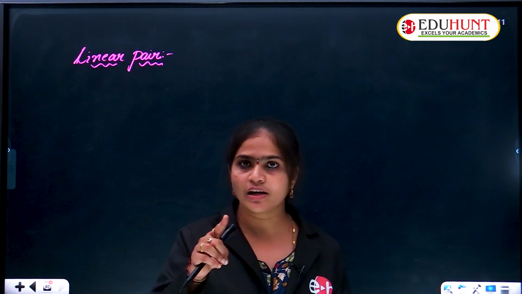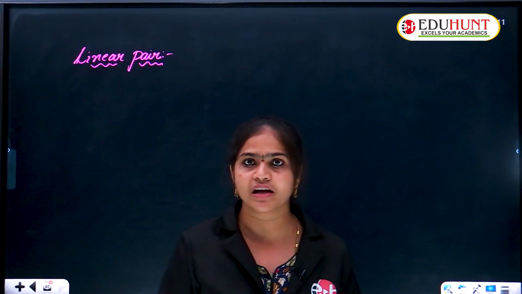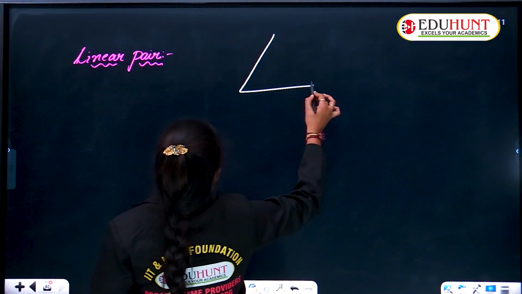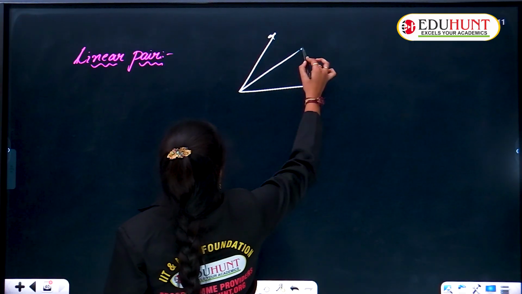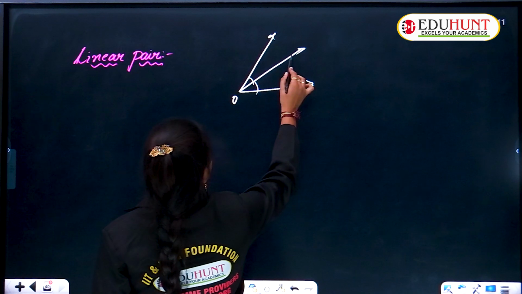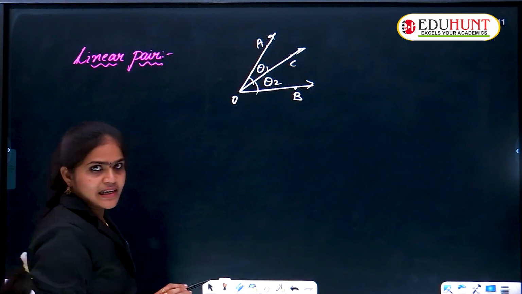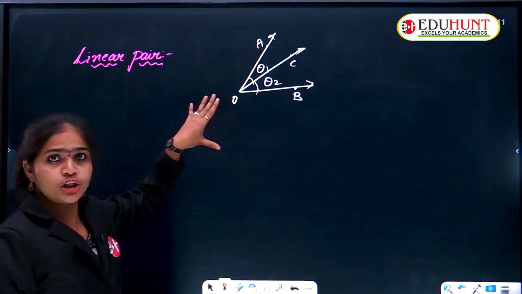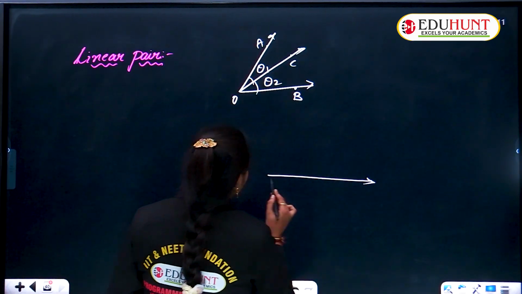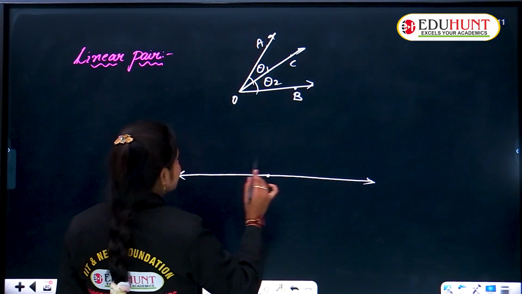Adjacent angles means, as we already know, having a common vertex and a common arm. Now these two are adjacent angles, no? As per the definition of linear pair, adjacent angles formed by two opposite rays.